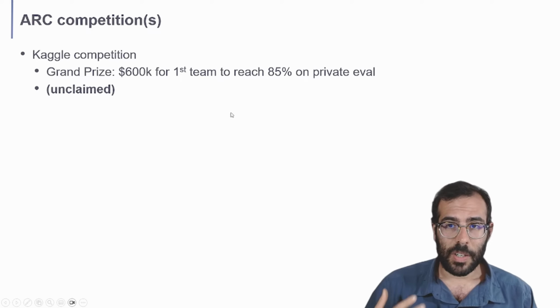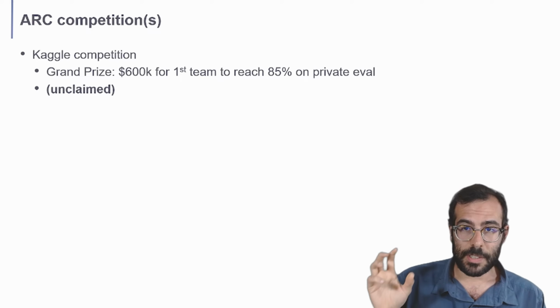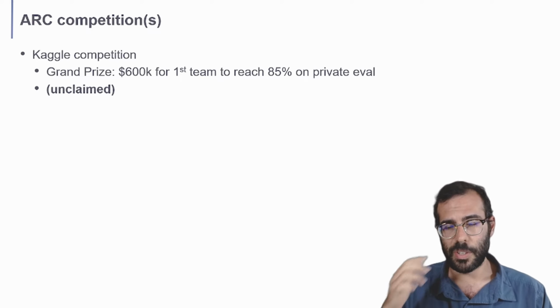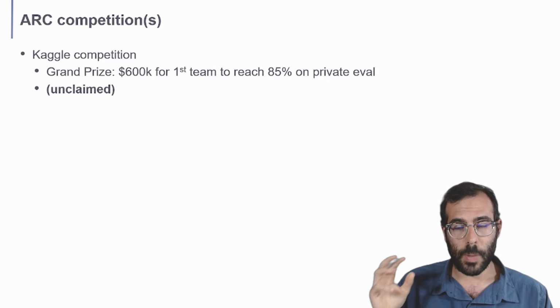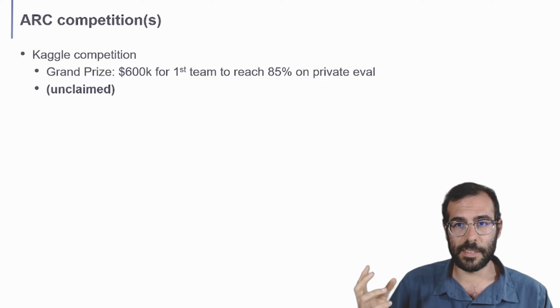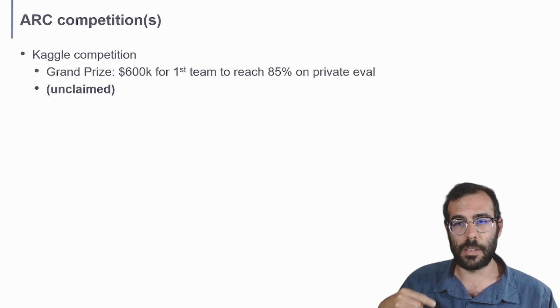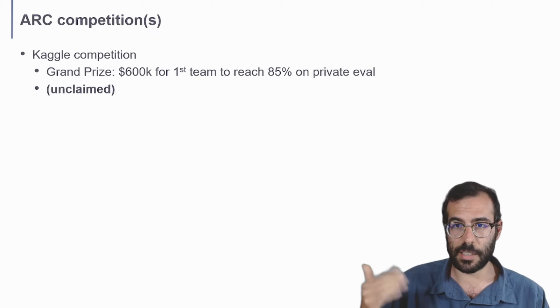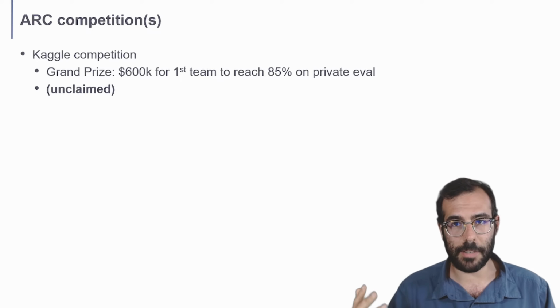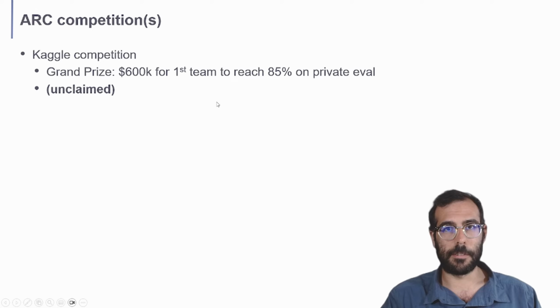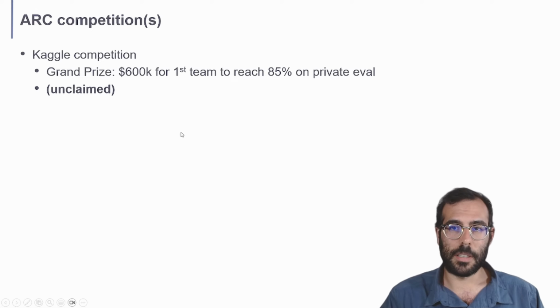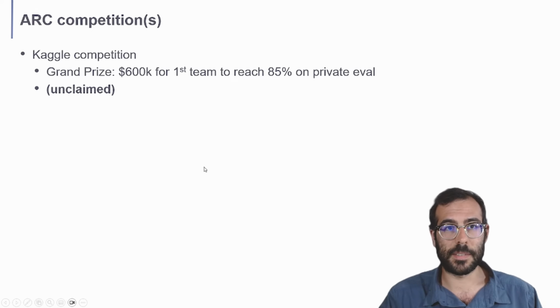There is a slight worry about the fact that the private evaluation set has been the same since ARC was introduced, which means that the performance of different systems leaks a little bit of information about what's in the private set. And so now they are creating a second version of ARC with new and different tasks.